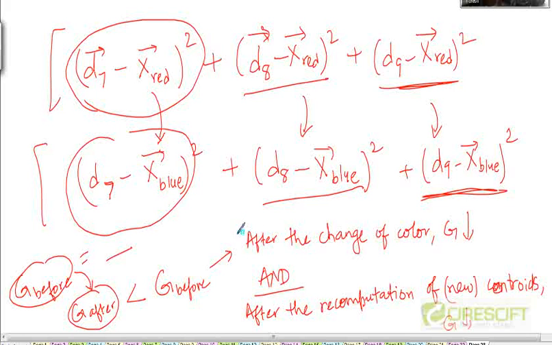So in both these steps, the value of G after is less than the value of G before. And these are the steps that we are repeating again and again in every iteration of k-means. So we have proven that in every iteration of the k-means algorithm, the value of G will keep going down.